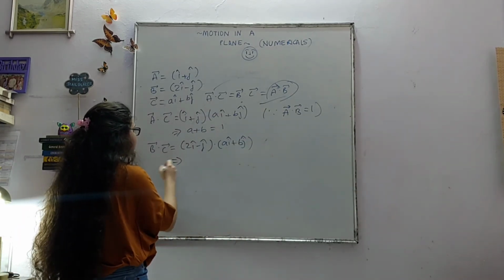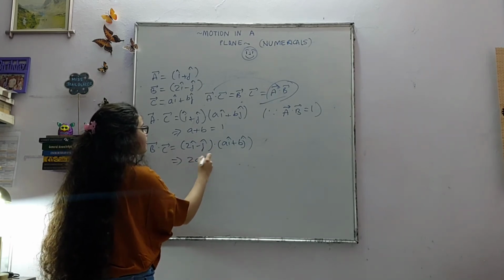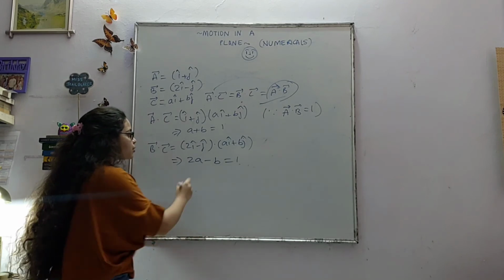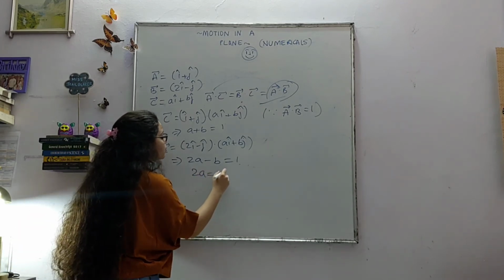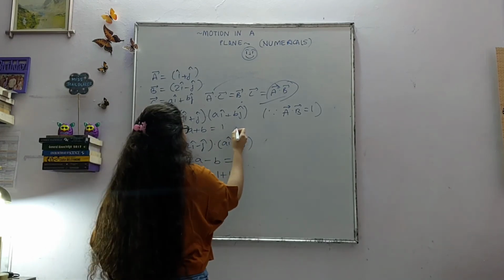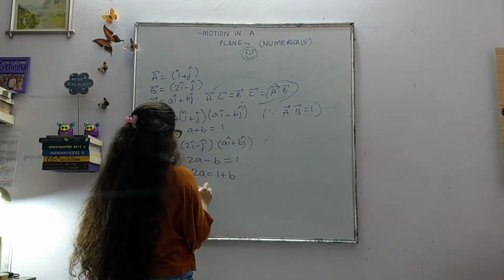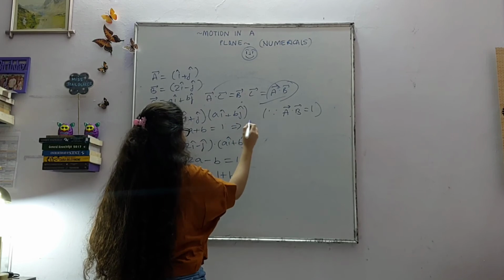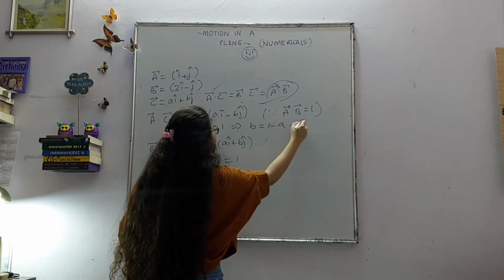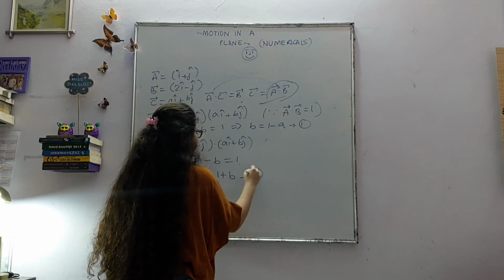Now this implies 2 into a is 2a minus b. What is it equal to? Is it also equal to 1? 2a is equal to 1 plus b. So this will get complex, which implies my b is equal to 1 minus a. First equation, this is second equation.